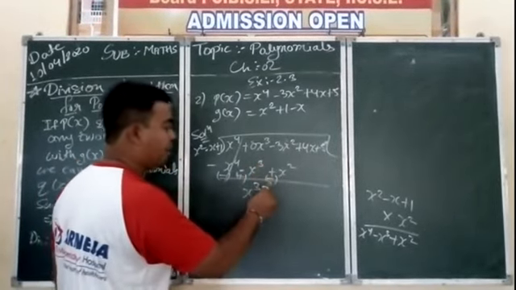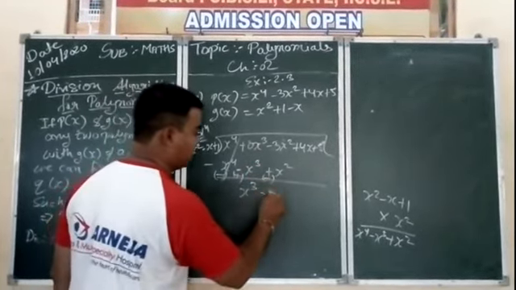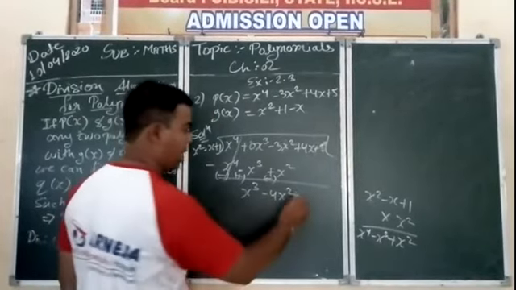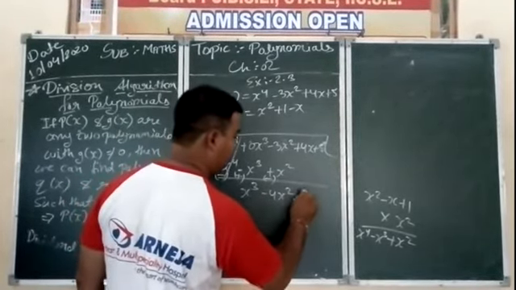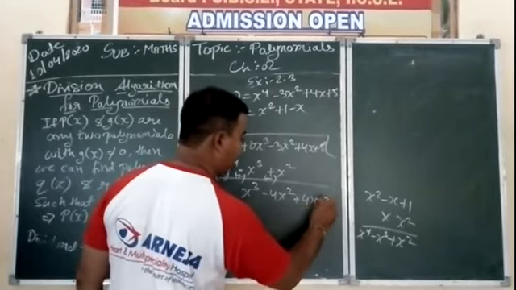Minus 3 and minus 1, so it is minus 4x square. And plus 4x plus 5.